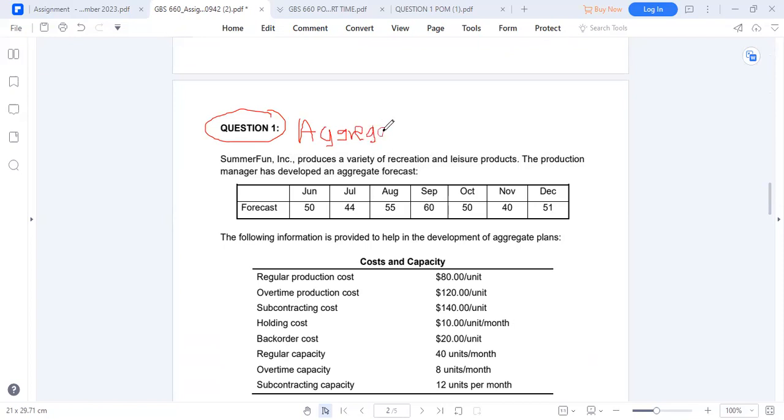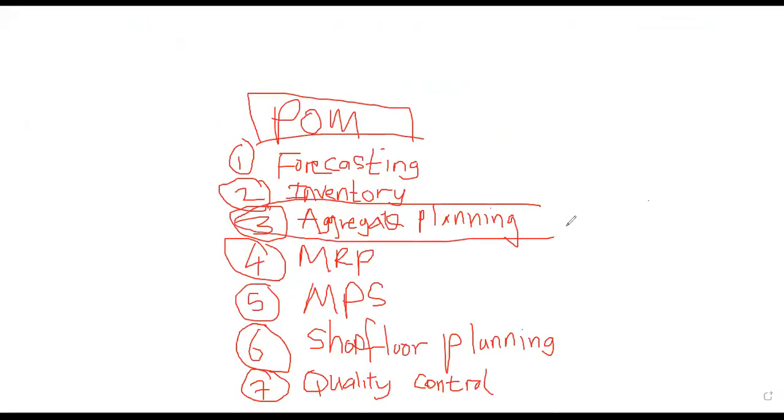Under this planning, we have 2 strategies involved in aggregate. This was question 1 of the assignment. So we can tackle this topic, and we'll get the example from the assignment paper.